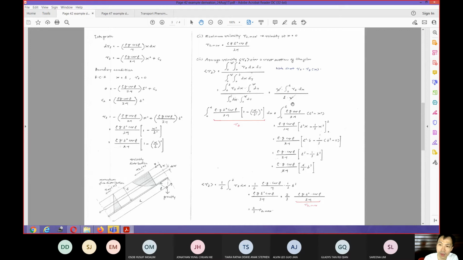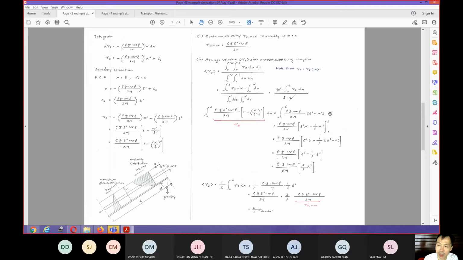Then you can cancel these things out, so your average velocity will be equal to this quantity in here. Now you substitute your Vz in here, then you integrate. Then you need to know that this particular term becomes a constant because you integrate in terms of dx. Okay, so I think I missed out the dx in here.